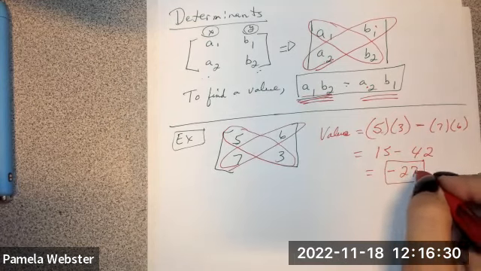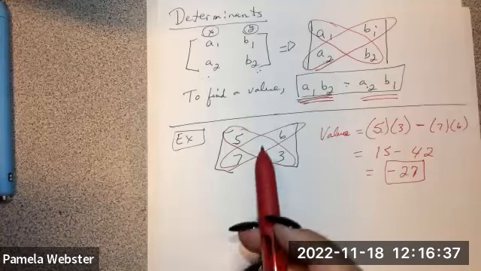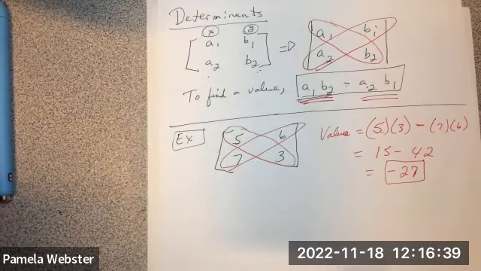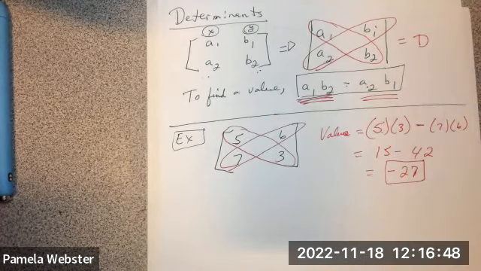So we just get values coming out of these determinants. And this matrix right here, the A1, A2, B1, B2, you'll see it a lot. It is going to be called capital D for determinant.